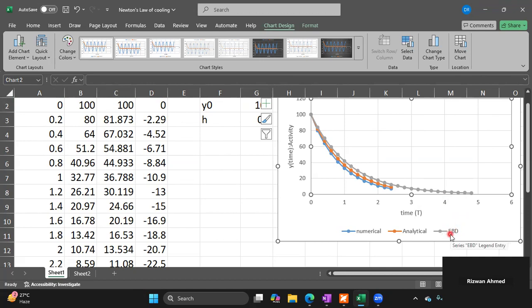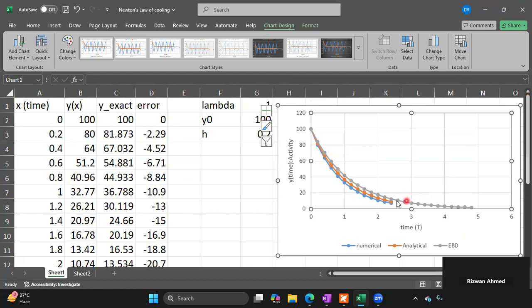The newly generated curve seems to appear above the analytical solution, and Euler's forward curve is below the analytical solution. So in this particular problem, it appears that Euler's forward method slightly overestimates the results, and Euler's backward method underestimates the results.